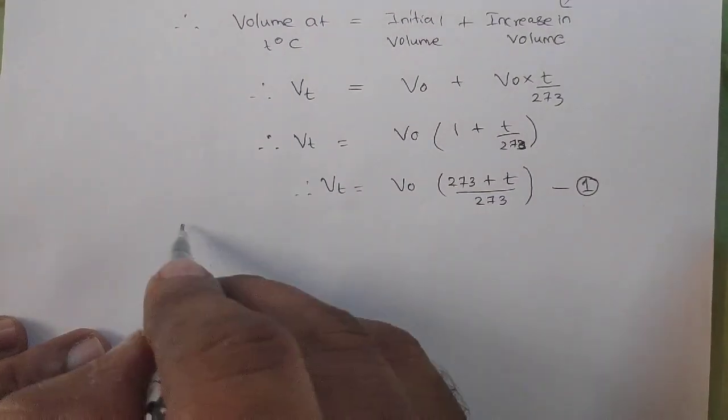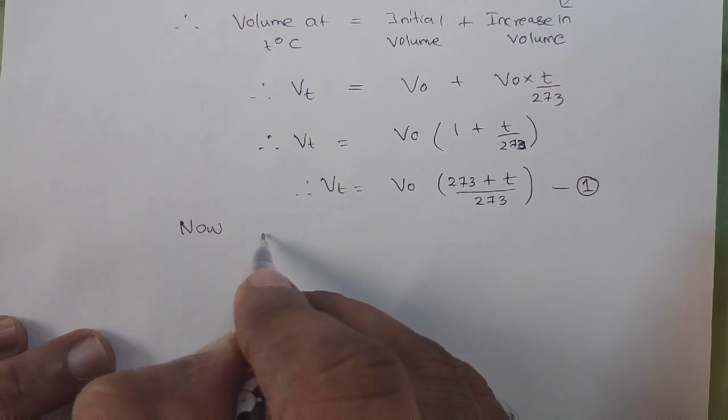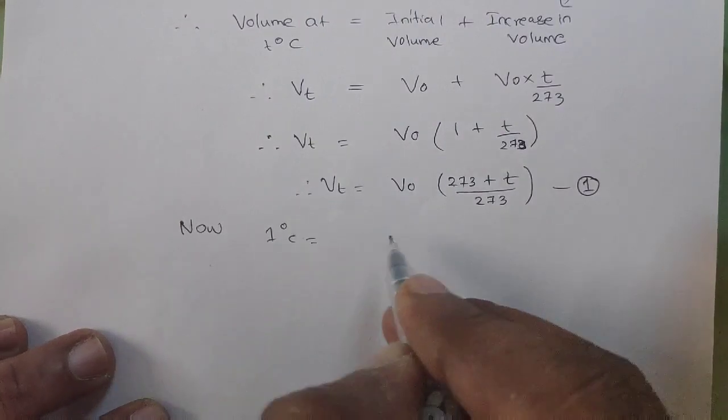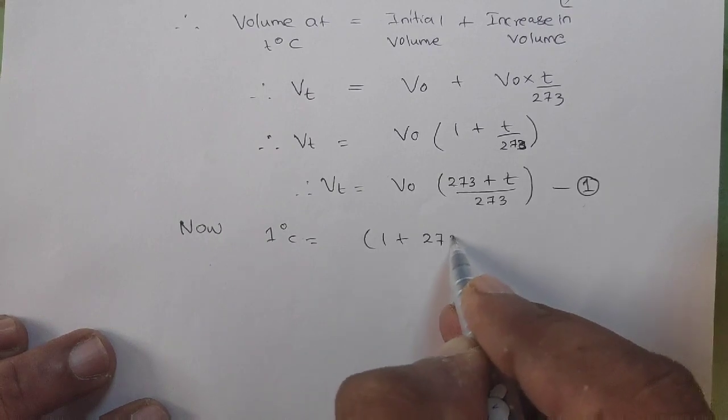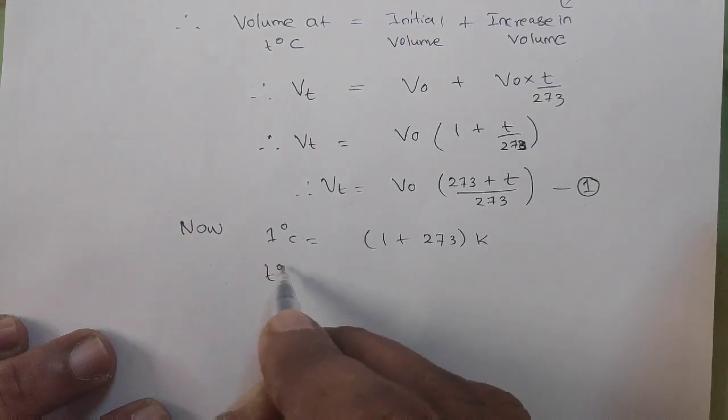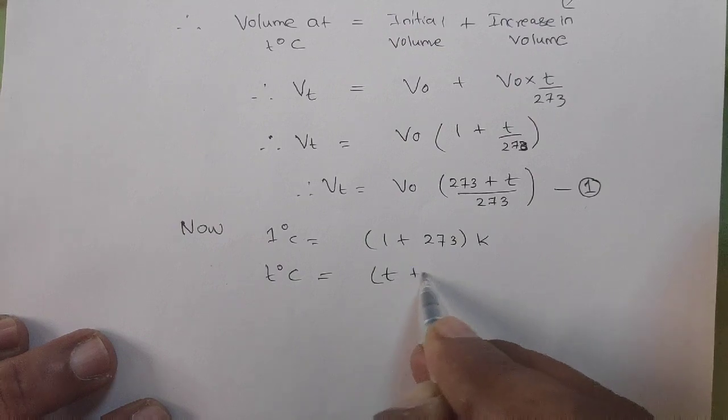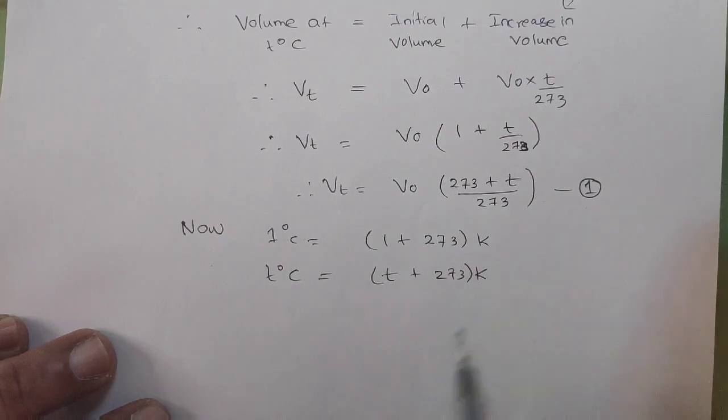Now suppose, for 0 degrees Celsius I will take 273 Kelvin, and for T degrees Celsius I will take T plus 273 Kelvin.